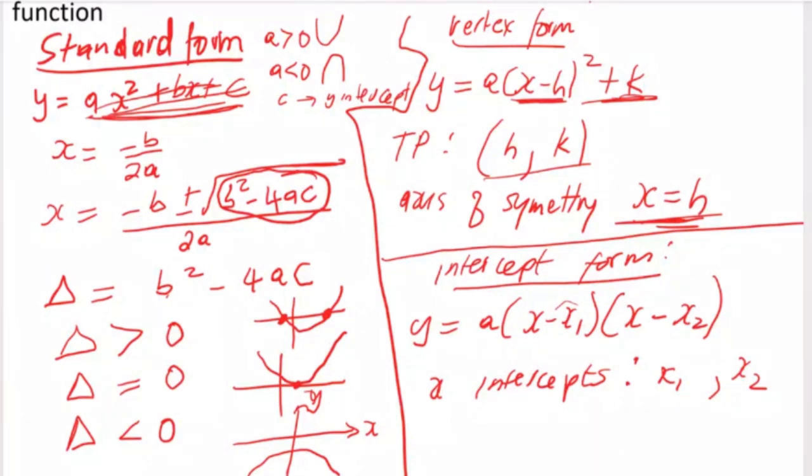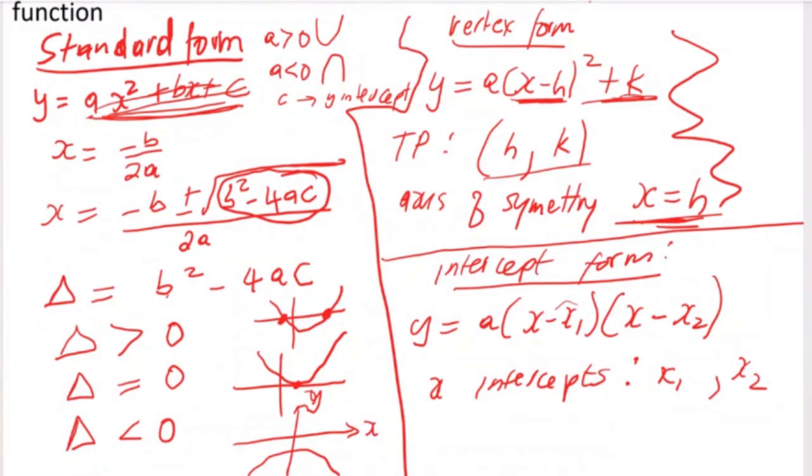So this value is going to be one x-intercept, and this value is going to be the other x-intercept. Why it's important for you to know the three different forms is so that you know, if I'm given x-intercepts only, how can I get the standard form? You can translate between the three different forms, but in your module, you are not expected to reproduce this one.